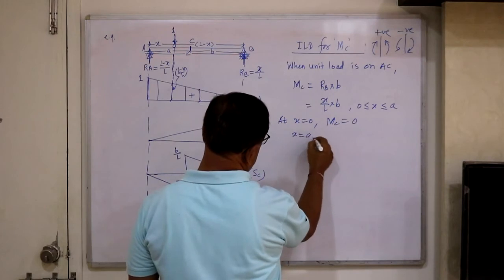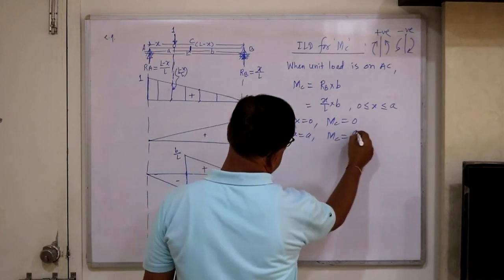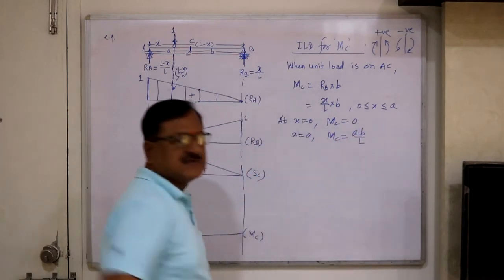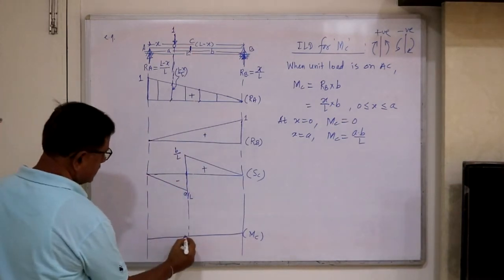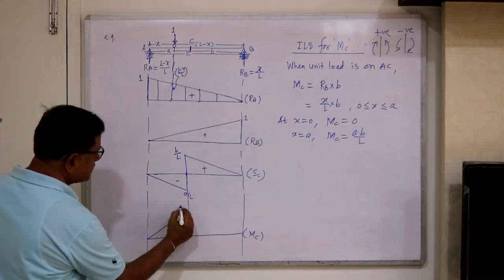At x equal to A, MC is AB upon L. Again linear variation. So here bending moment is positive. This is AB upon L.